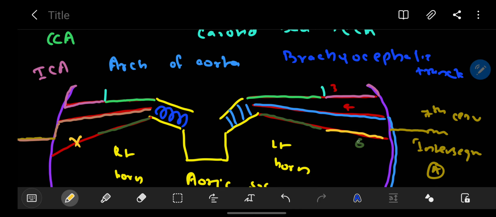So as you can see here, the pulmonary artery is connecting to the arch of aorta through the ductus arteriosus.